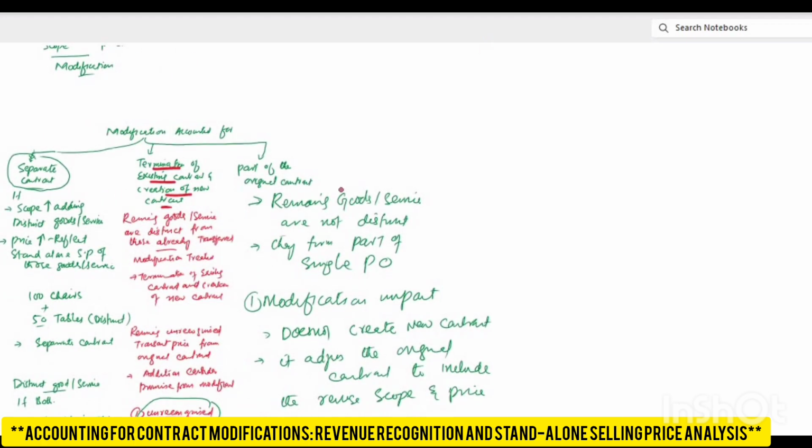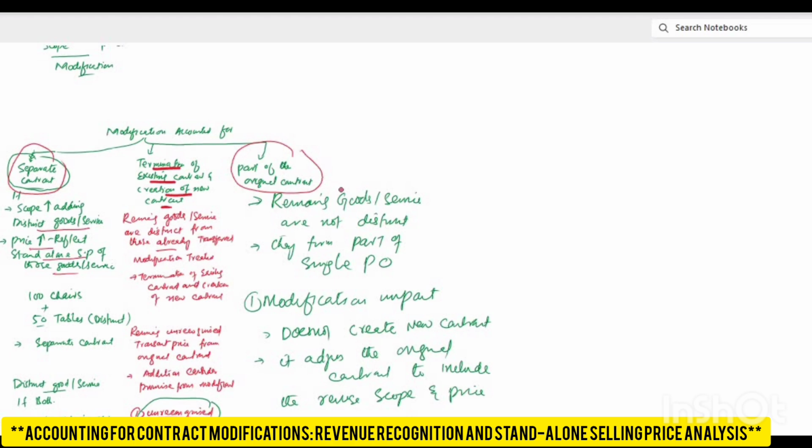The first one is it may be treated as a separate contract, it may be treated as a termination of the existing contract and the creation of a new contract, and it may be a part of the original contract. For all these three, we have discussed that if the scope increases, adding distinct goods and services, and the price increase reflects the stand-alone selling price, then we will count that as a separate contract.